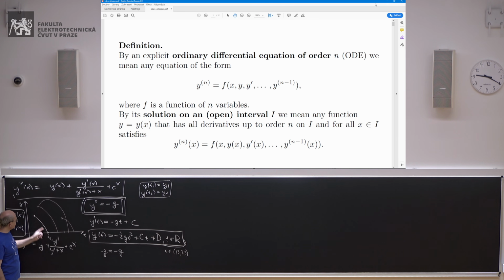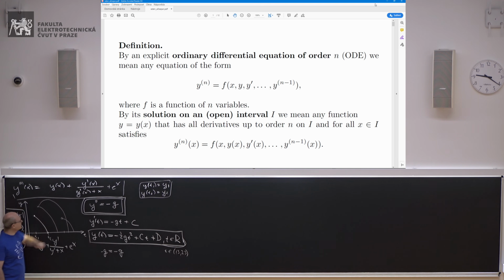By the way, these are called boundary conditions, but they are not all that popular in this theory. When we talk about ordinary differential equations, they are much more useful in a slightly different theory, which is called partial differential equations. And one of the reasons is that those boundary conditions may not give you a unique solution.